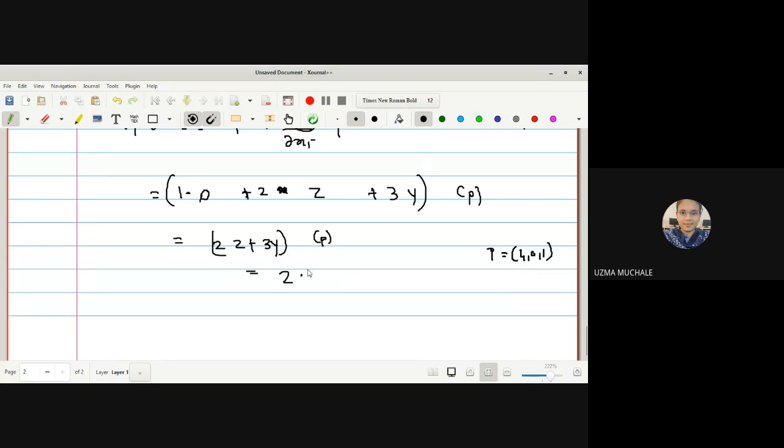The z coordinate is 1, plus 3 into the y coordinate, which is 0. So you get the answer 2. v_p(w2) is equal to 2.